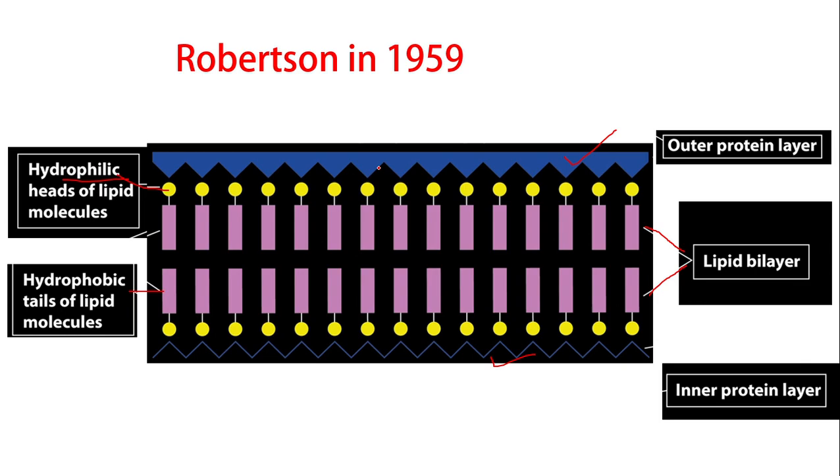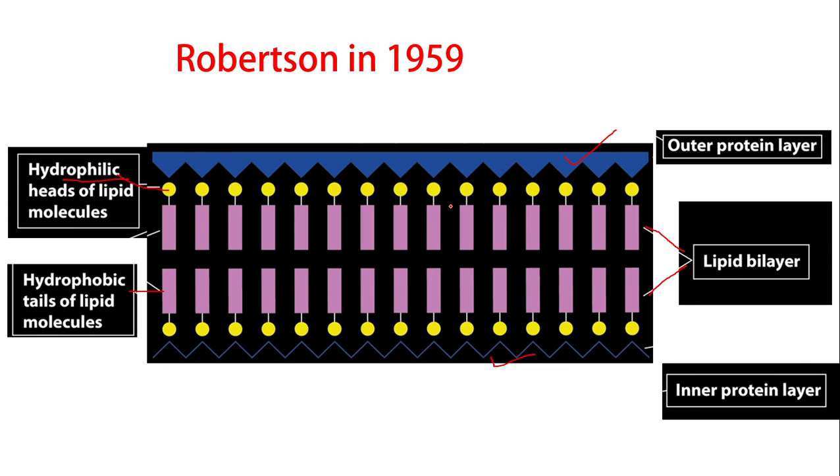This is the minor difference: according to the previous model, the types of the protein layers were the same. But according to the Robertson model, the outer and inner protein layers are different from each other, and so are their structures.